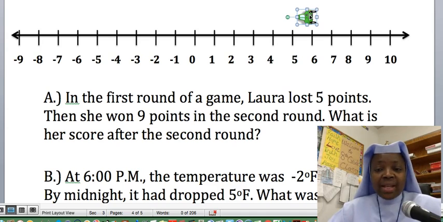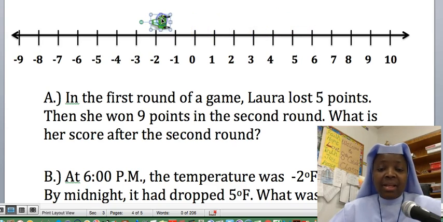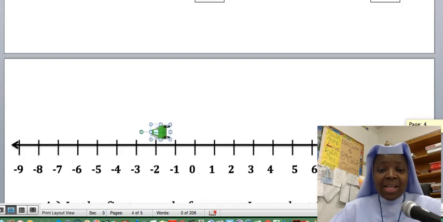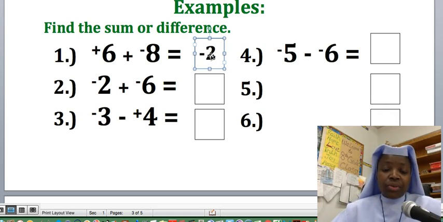And then we're going to take 8 steps backward. So 0, 1, 2, 3, 4, 5, 6, 7, 8. All right, our last stop is -2, and that will be our answer. So positive 6 plus negative 8 would be -2.